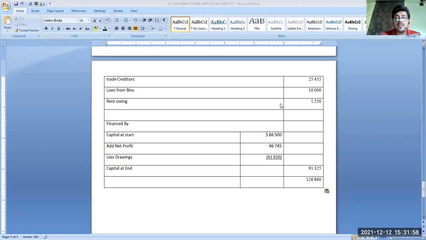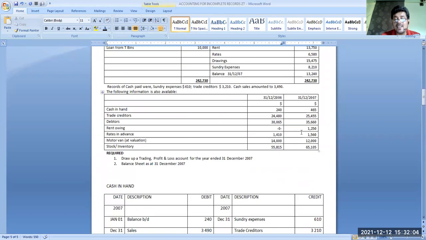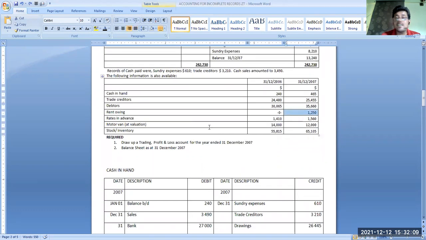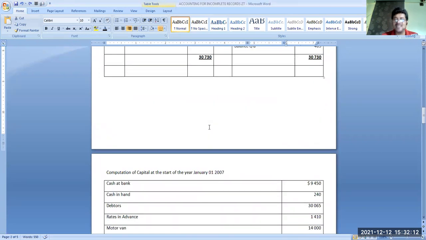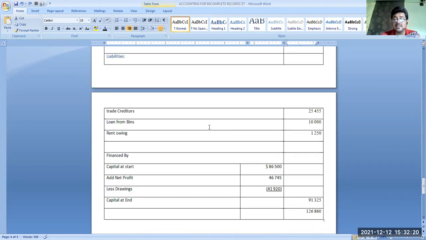Now, class, what I forgot to write here was my mistake. Thank God I made a mistake. This is rent owing. It is the third liability I forgot to enter. That is also a learning point for all of you. You should not forget anything to enter in your balance sheet, that is rent owing. Now we have three liabilities and one capital item. 25,455 plus 10,000 plus 1,250 plus 91,325, and the answer is 128,030.